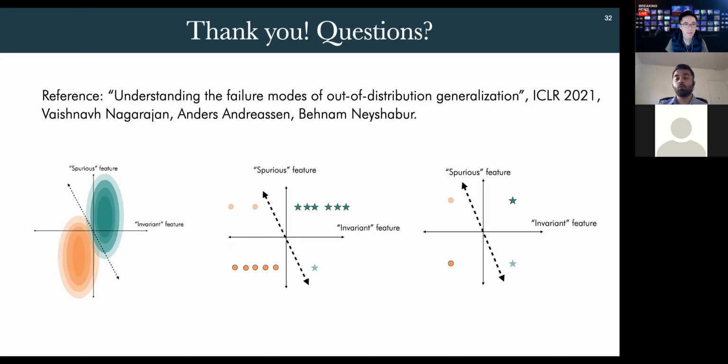Okay, I'm trying to understand what sort of an adversary you're imagining here. So throughout this whole discussion, I'm imagining that the adversary generates the test data, and in the test data, the spurious correlation is completely flipped. So in that kind of setting where the adversary flips the correlation completely during test time, there our model captures fundamental failure modes when compared to existing work.